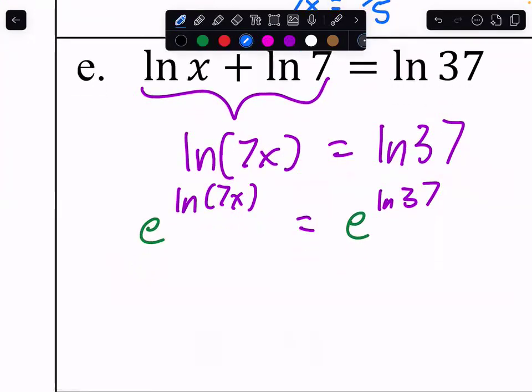In this problem, the e and the ln cancel out over here, leaving the 7x behind. On the other side, the e and the ln also cancel out, leaving the 37 behind.